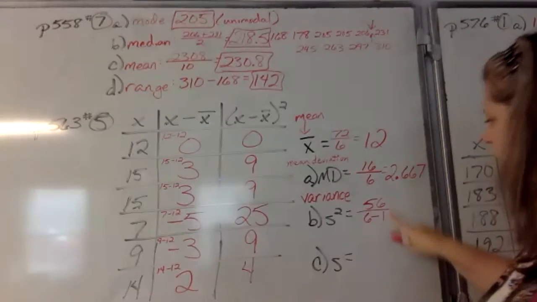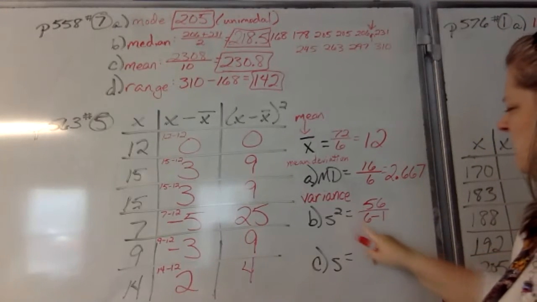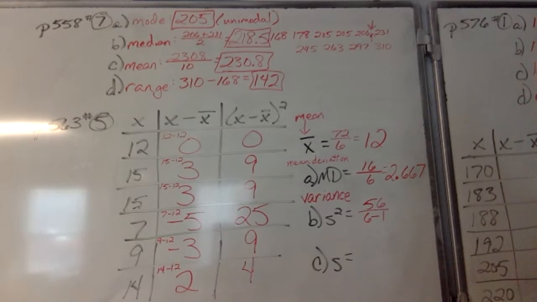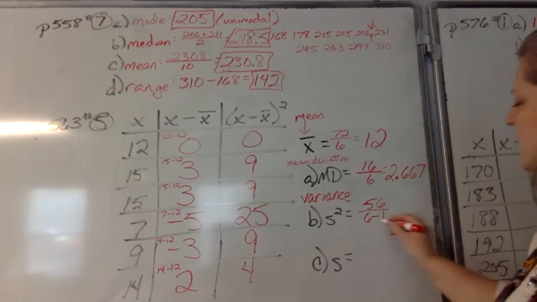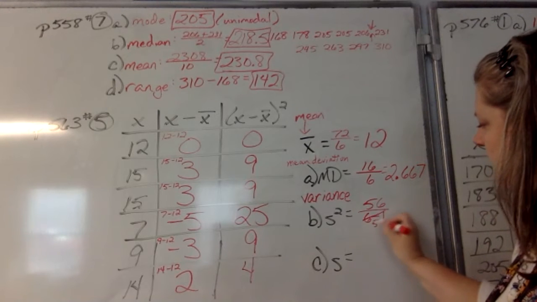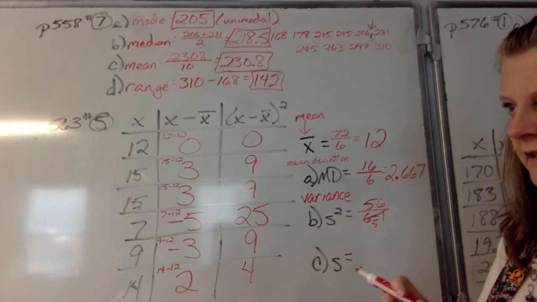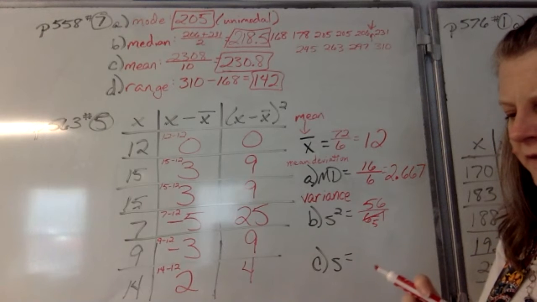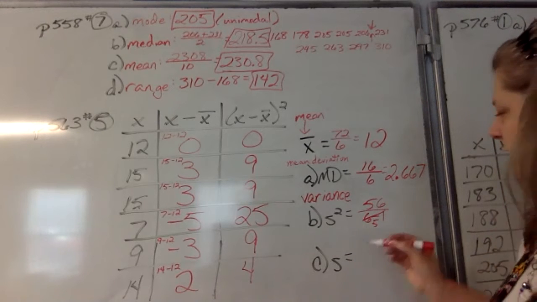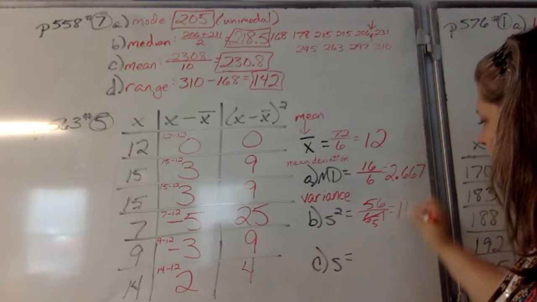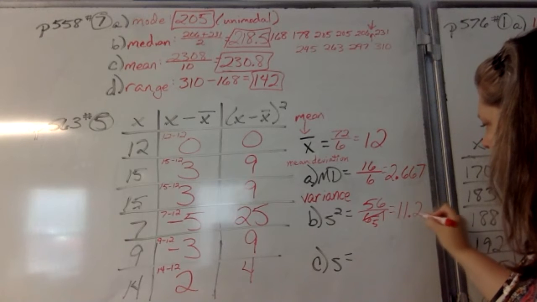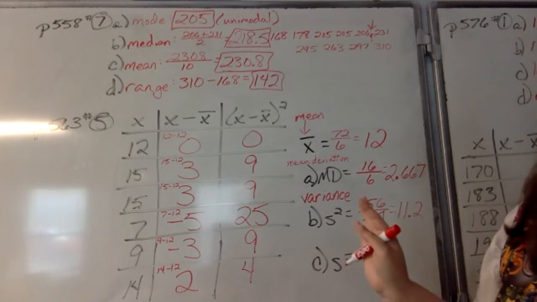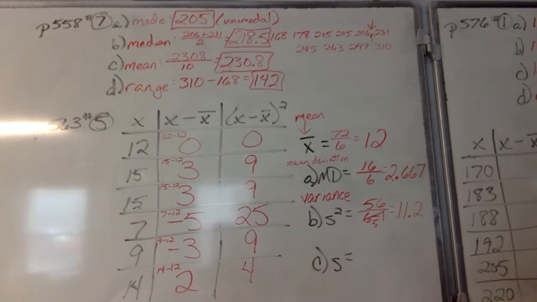I got 56, y'all agree with me? Yes, ma'am. Okay, and then 6 minus 1 is 5. So I'm taking 56 divided by 5. It actually turns out 11.2, a nice little decimal, so I don't even have to worry about having to round that one off.